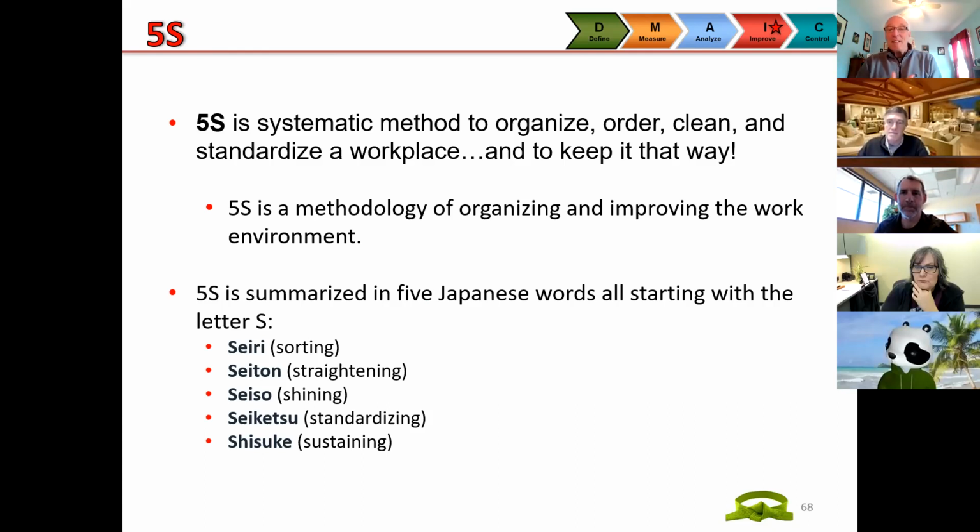Now, the second is straightening, or set. All that means is if it's going back in my garage, it's going to have its own place. It's not going to just be randomly put somewhere. So there might be shelves, there might be labels, but everything that I have in the area has its own place. The way I think about the set is, in your kitchen, you probably have two drawers.